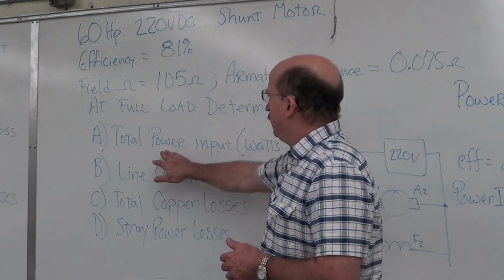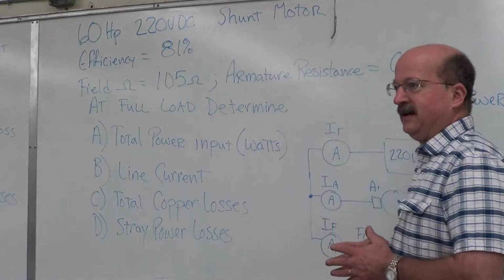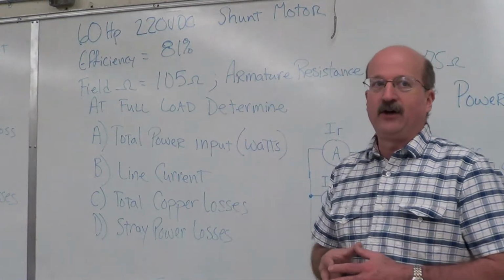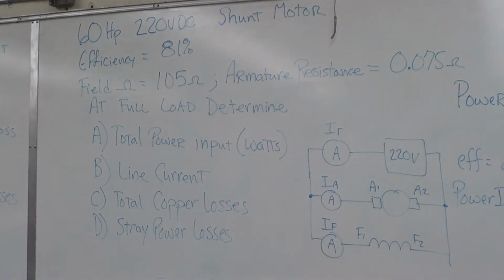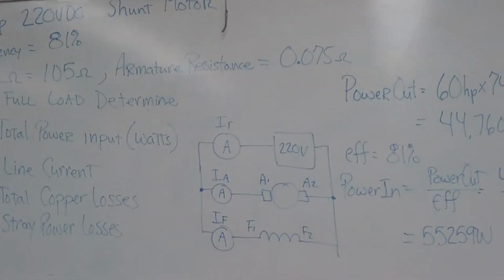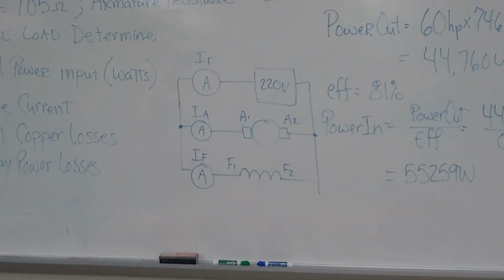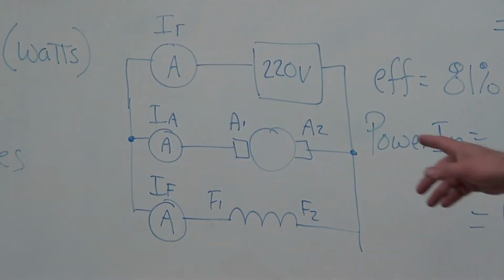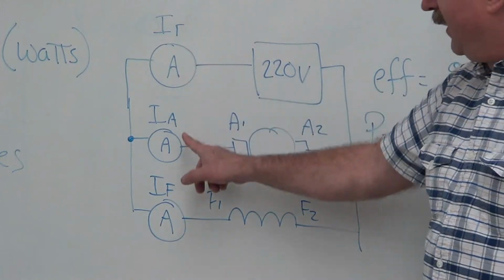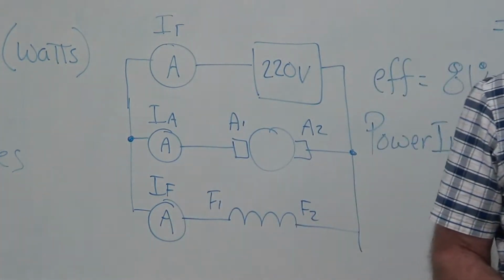They want power input in watts. They're going to ask you for line current. You'll use that later on. What do we know about the line current on the shunt motor? The line current is the armature current plus the field current.